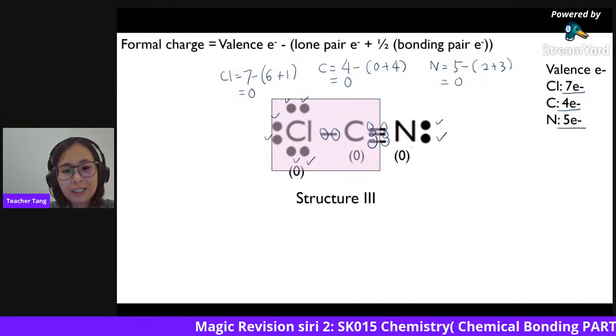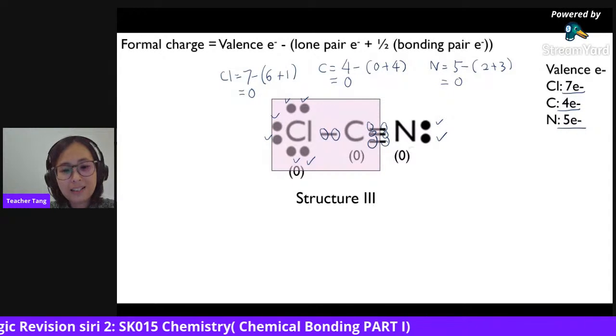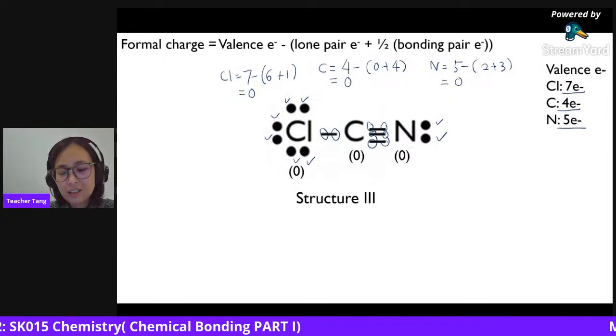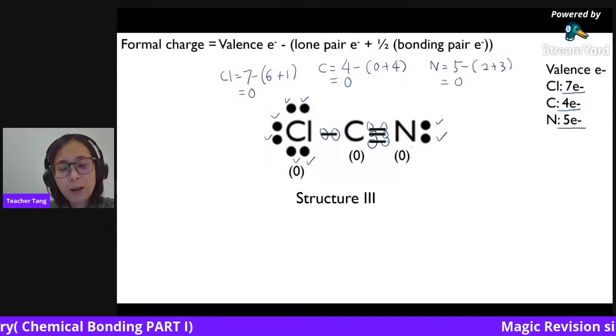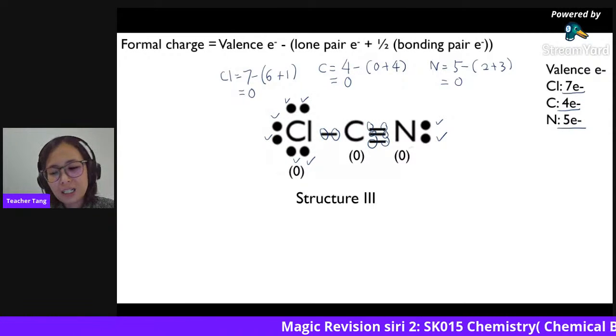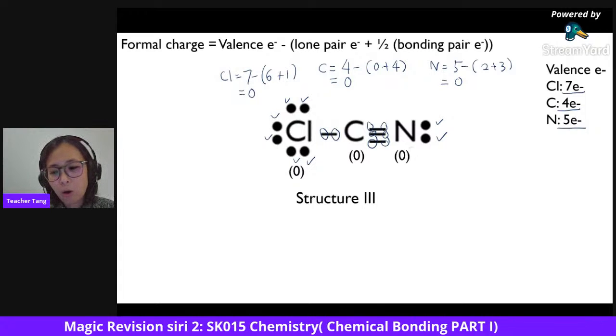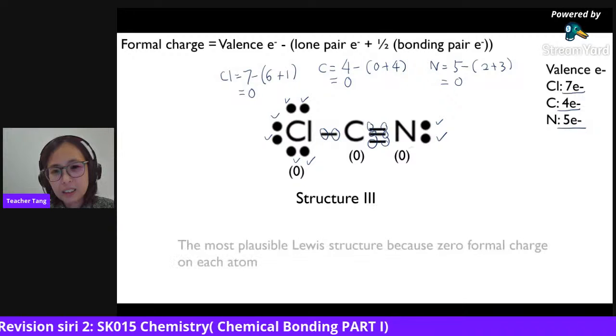So from this, straight away we can decide that structure 3 is the most plausible Lewis structure, because remember for a neutral molecule, the first priority is going to the 0 formal charge on all the atoms in the molecule.